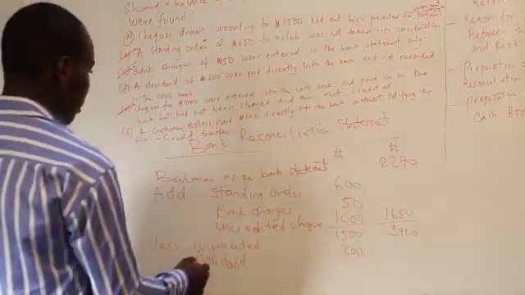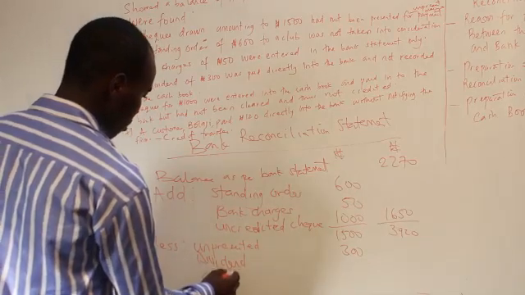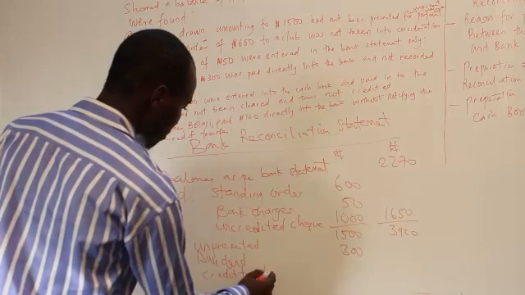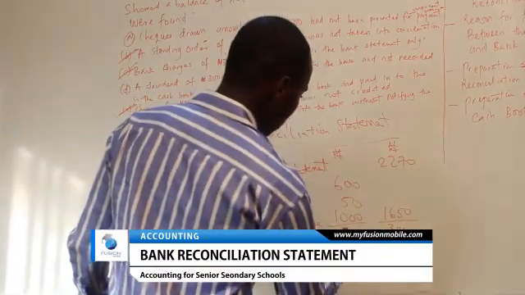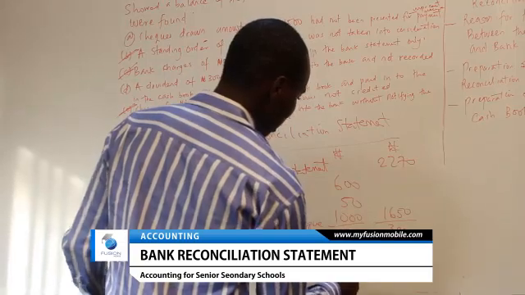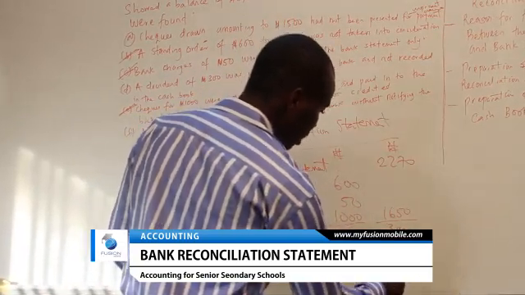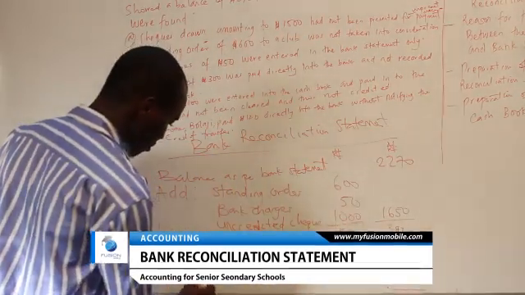Then we can less credit transfer, which is 120. So the addition of everything gives us 1,920. So when deducted from it, that gives us 2,000, which is the balance as per cash book.